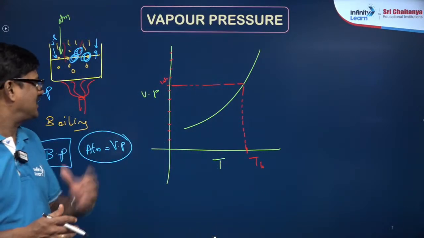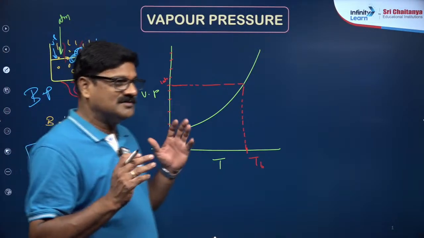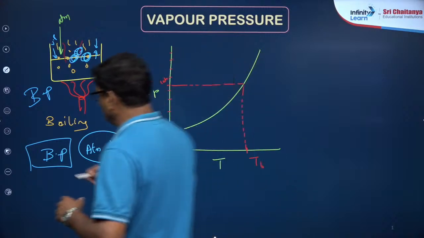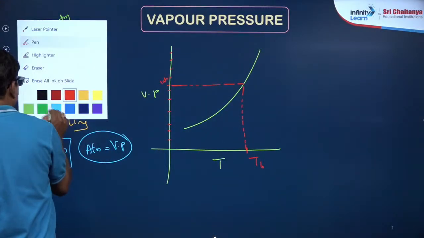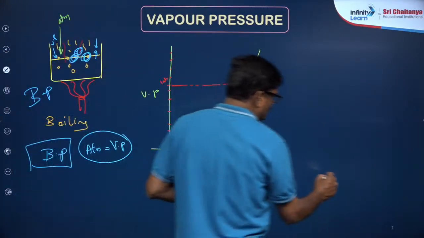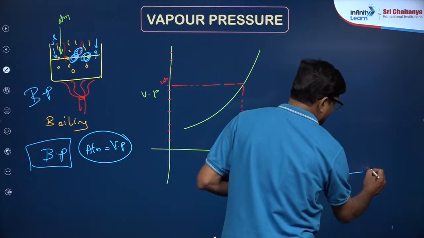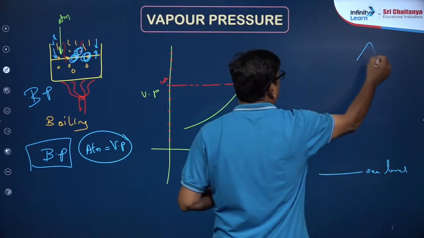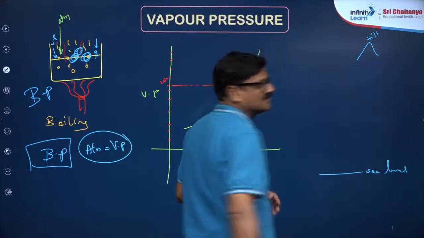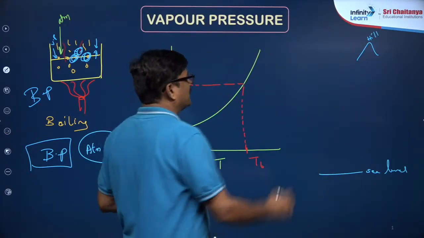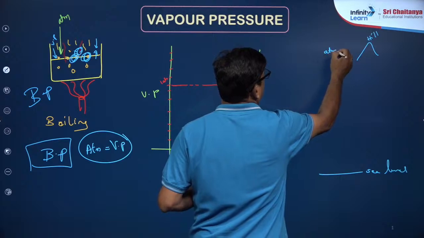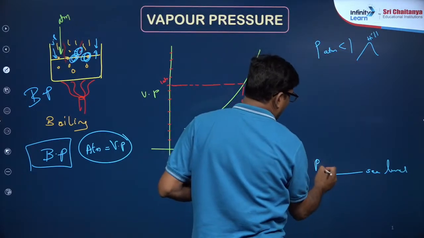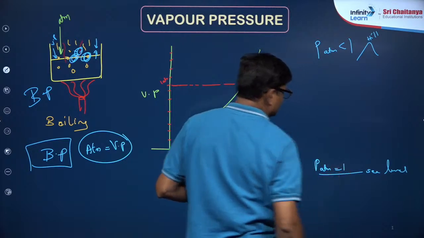There is a discussion about this vapor pressure. It's a great discussion about the vapor pressure. So a person who is somewhere at sea level, and a person who is on the top of the hill. Here atmospheric pressure is less than 1, here P atm is equal to 1.